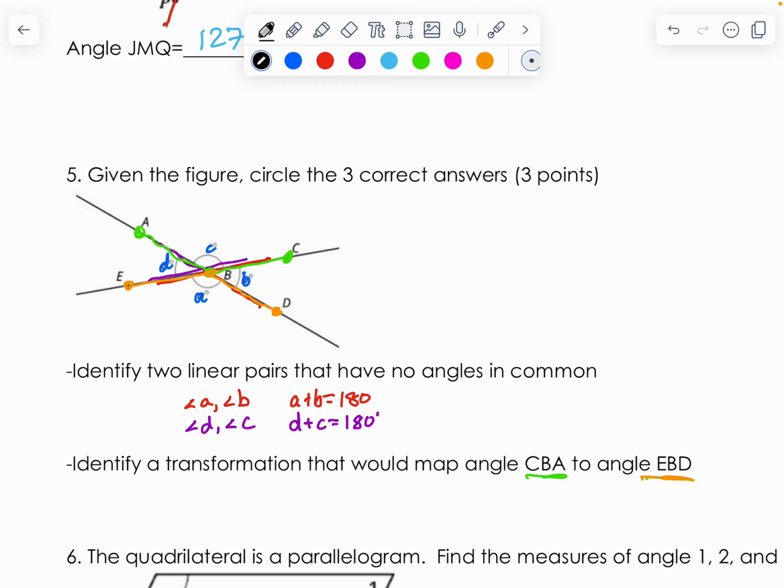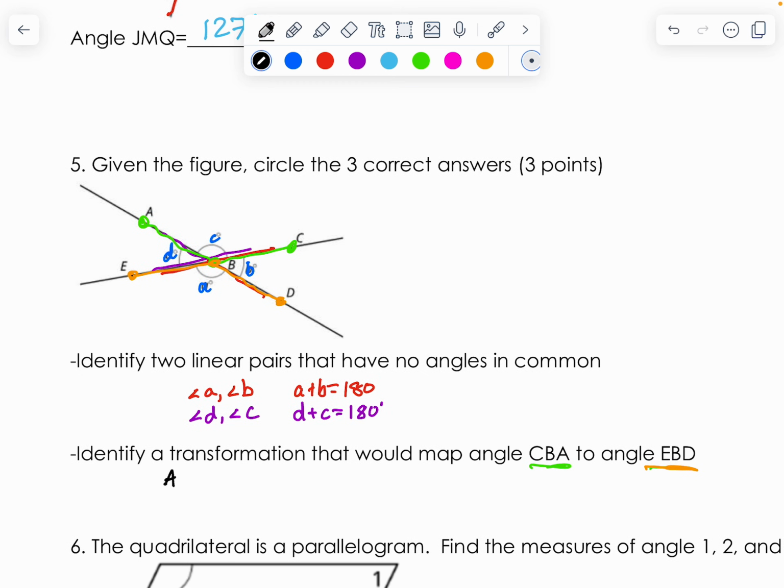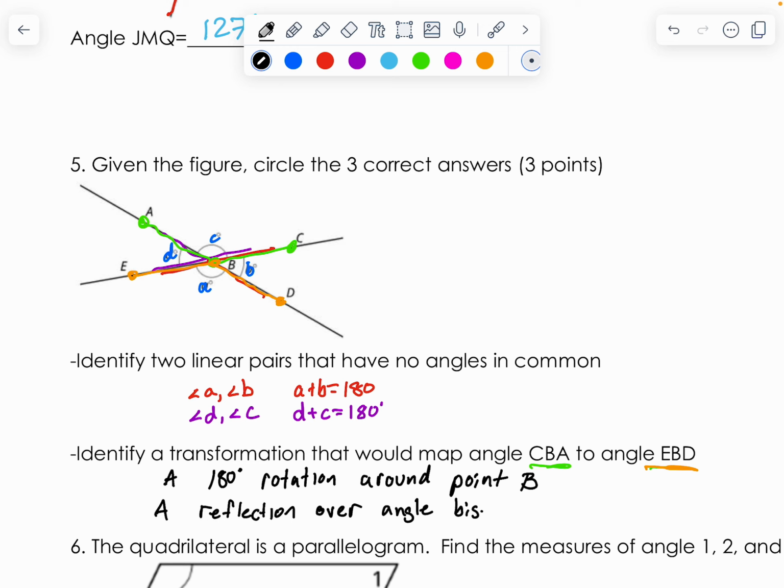Okay, you could say a 180 degree rotation around point B, or you could say a reflection over the angle bisector of angle ABE.